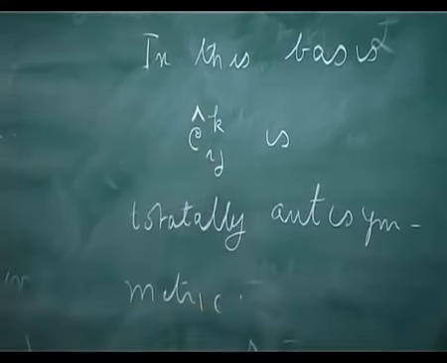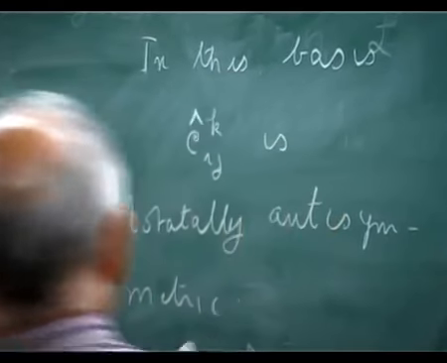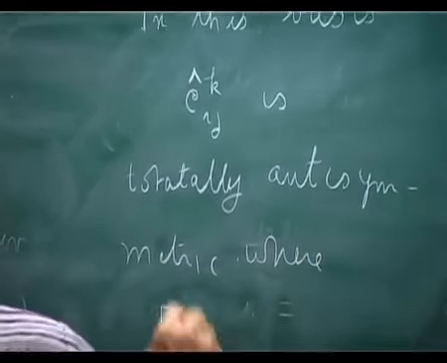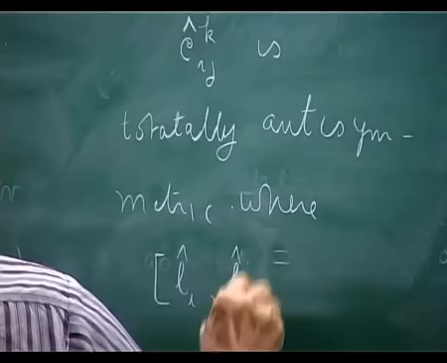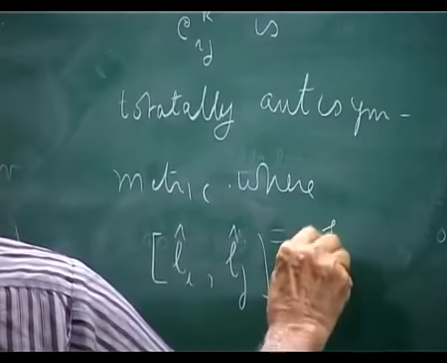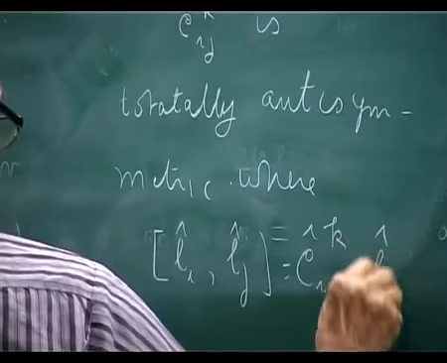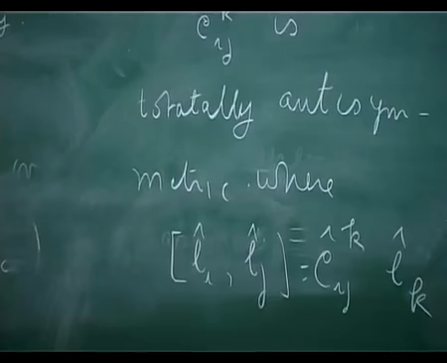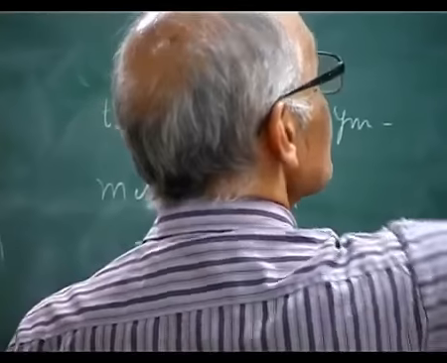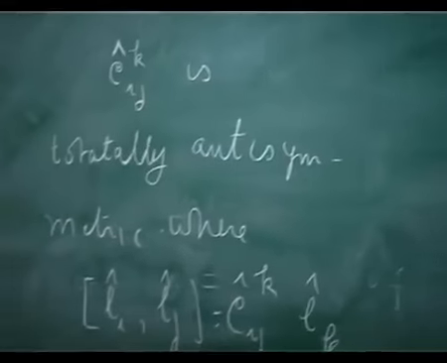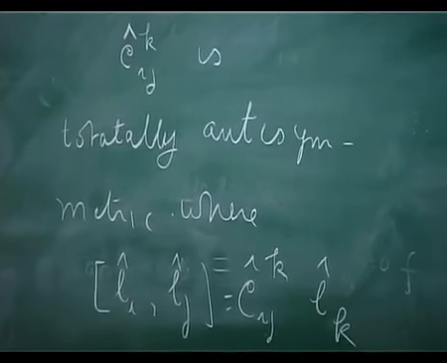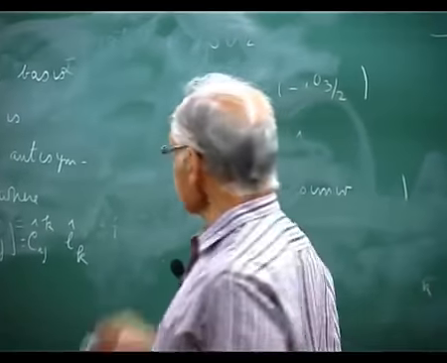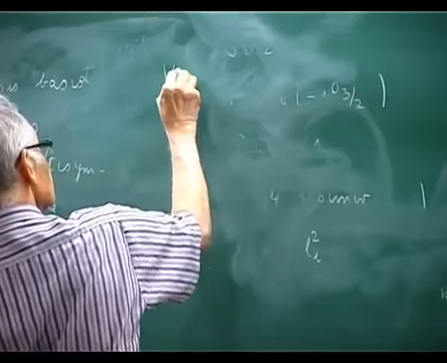Let me call it C hat kij, where L hat i, L hat j is C hat k_ij L hat k. So in this particular basis, this C hat looks like a Levi-Civita symbol on the tangent space, okay? And this result is very important.